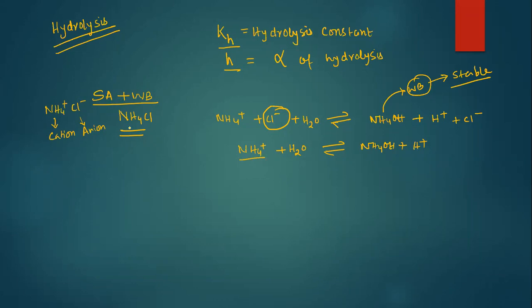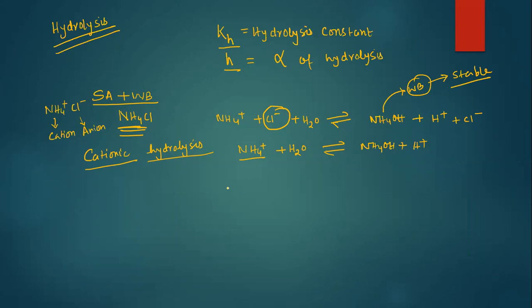That's why in this kind of salts we have a weak base. Remember, the base always gives the cation to the salt, and hence this kind of hydrolysis is called cationic hydrolysis.